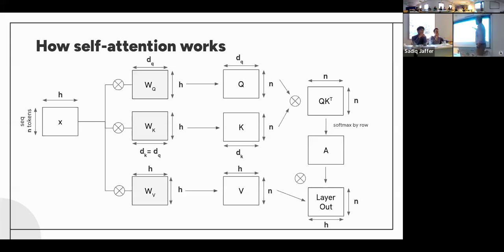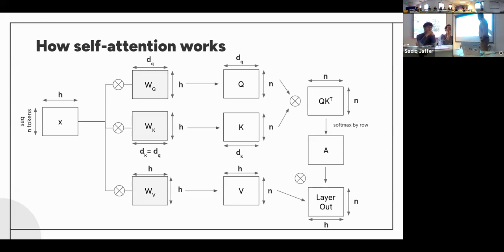They are WQ, which is the query weights, WK, which is the key weights, and WV, which is the value weights. And these are multiplied with the sequence that's coming in, X, and it produces what's called the query, key, and value matrices, right? I'll show you a deeper breakdown in a second.